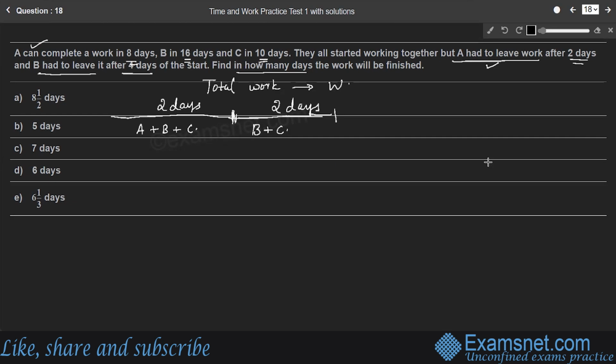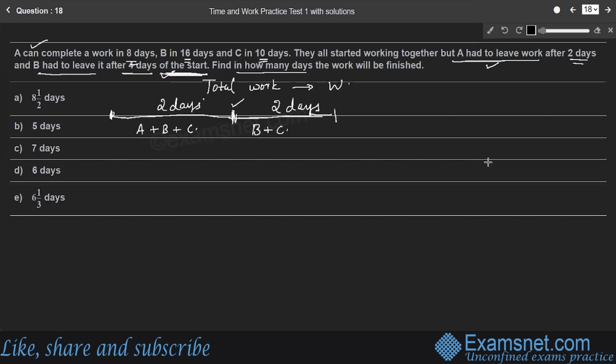So it is 4 days after the start, not after the first part of the work. B had to leave the work after 4 days of the start.